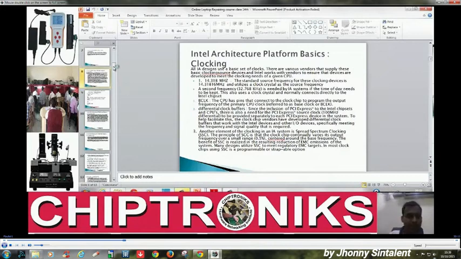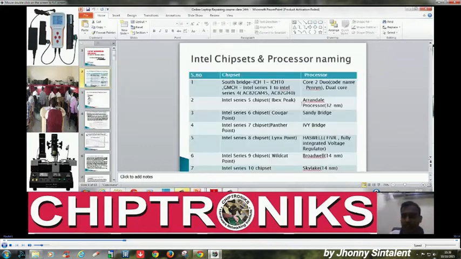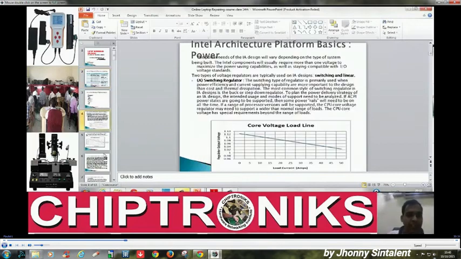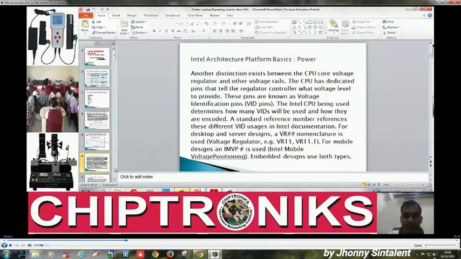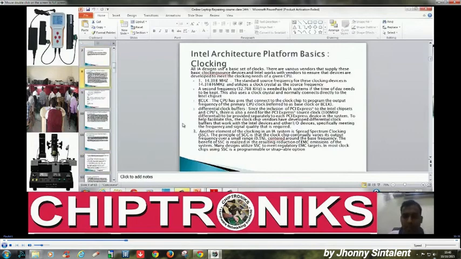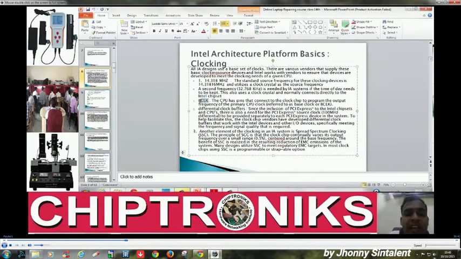You see over here, core Penryn. Penryn is the code name for a family of processors, but each type of processor can have different frequencies, right? So when you insert the processor, the CPU will tell the clock generator via BCLK to program the base frequency, base clock. We'll discuss it later on.